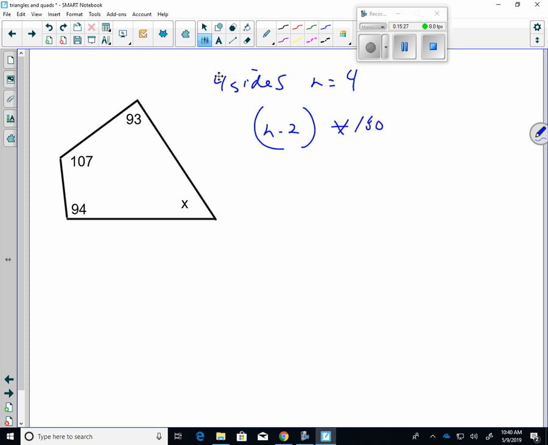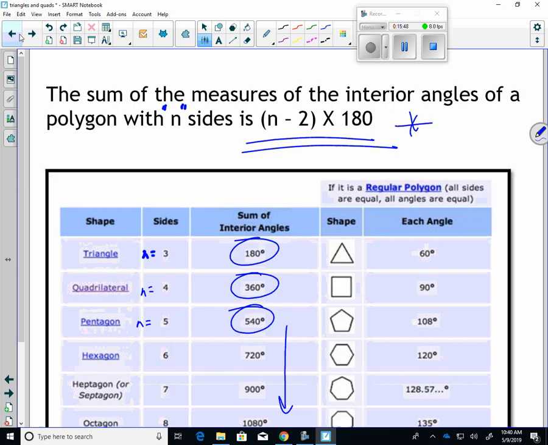So what's the sum of all the angles here? It's going to be 4 minus 2 times 180. 4 minus 2 is 2 times 180. This is a four-sided figure. It has 360 degrees. Now you could just do the formula, or you could just have this handy-dandy chart, which says a four-sided figure is 360.